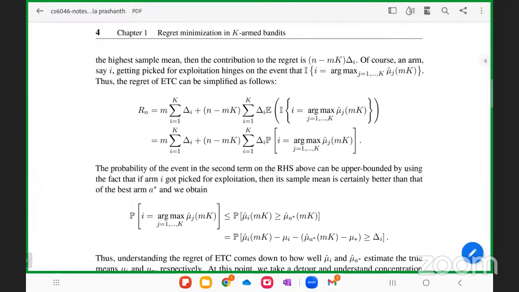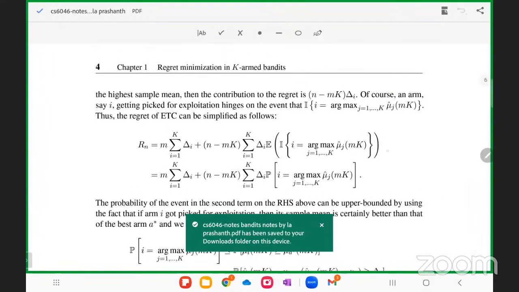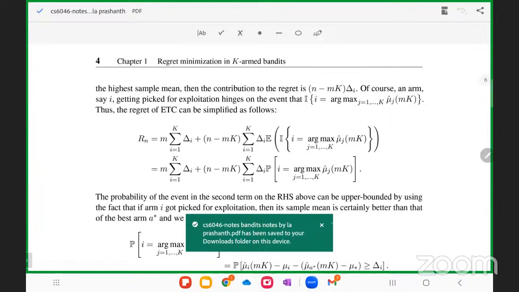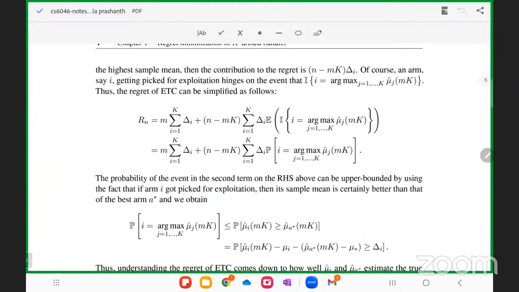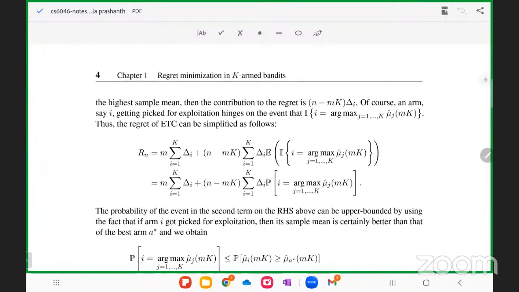How did they get from the first equation to the second one? They changed the expectation to the probability, from the first line to the second line. I did not understand that.